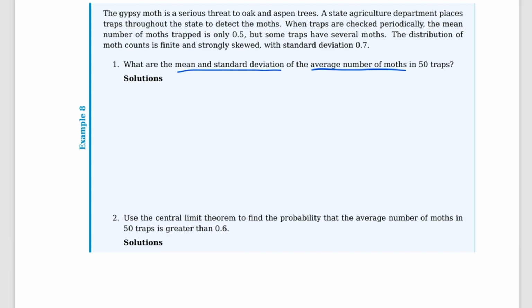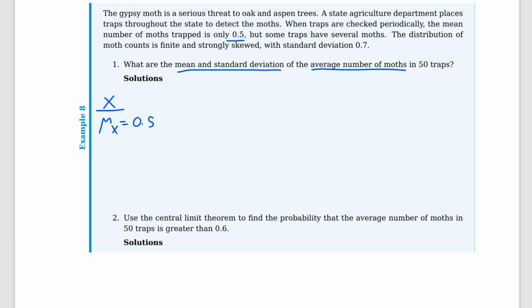Okay, say X is the number of moths, right? So the mean of X, mu of X, is given as 0.5.